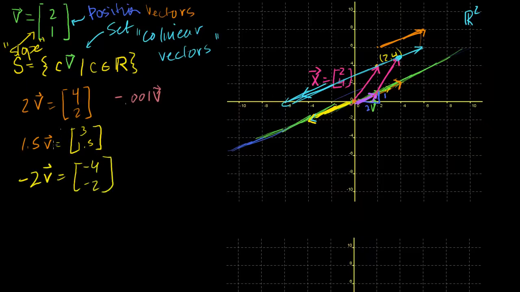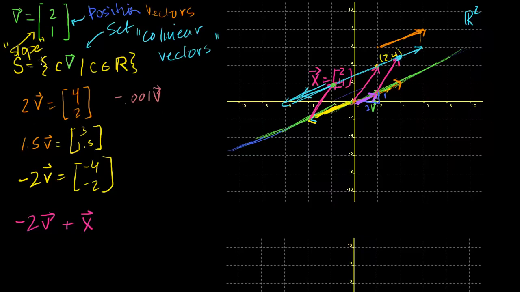But if I were to add x to it, so minus 2 times my vector v plus x, I'm adding this vector (2, 4) to it. So from here, I'd go right 2 and up 4. So I'd go here. Or visually, you could just say heads to tails. So I would end up at a corresponding point over there.